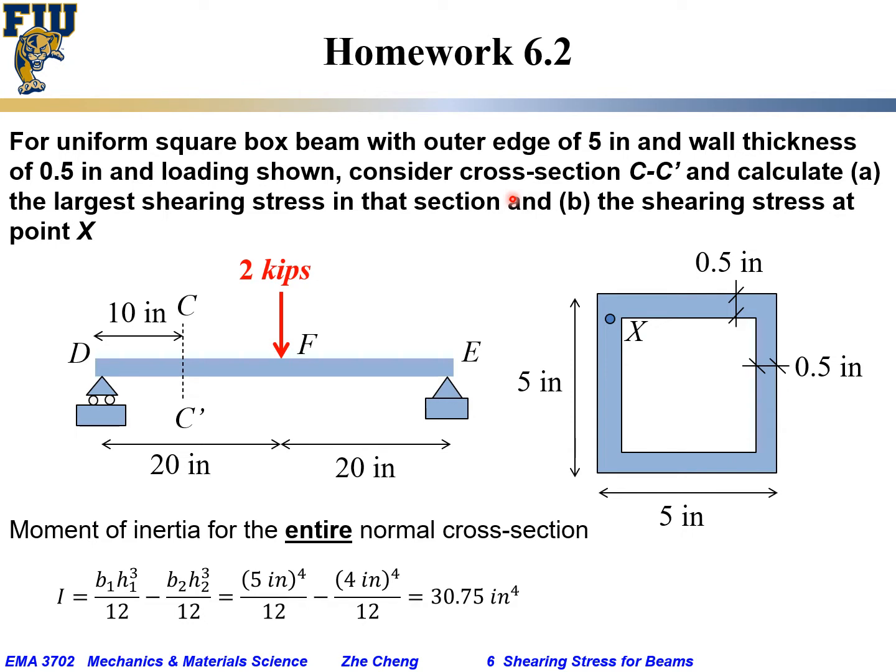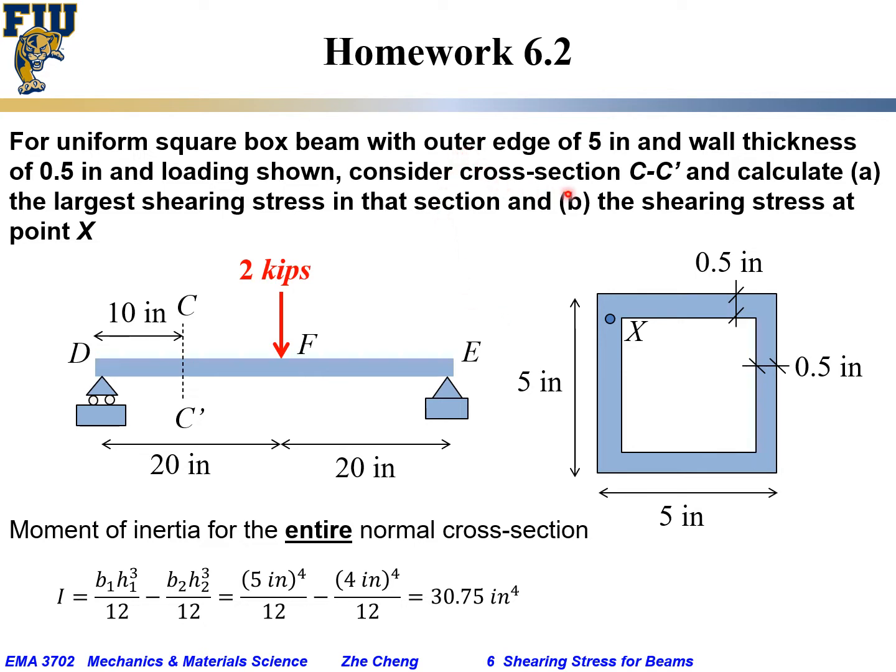Homework 6.2. For uniform square box beam, we are looking at the cross section, a box beam, square shaped, with outer edge of 5 inch, from here to here 5 inch, from here to here 5 inch, and wall thickness of 0.5 inch, so 0.5 inch, 0.5 inch, okay? And the loading shown in the center, 2 KIPS, or 2,000 pound of force at the center for the DE beam.